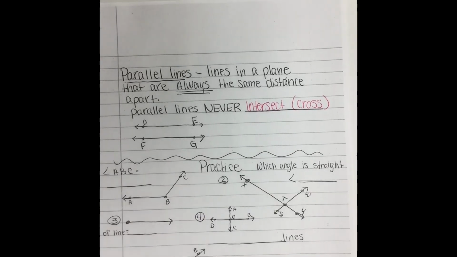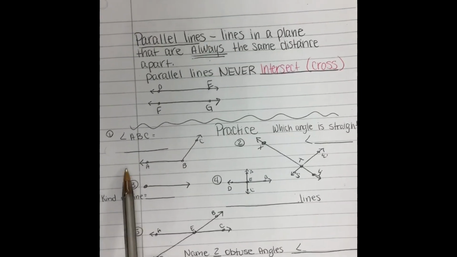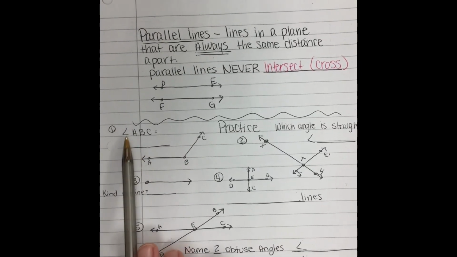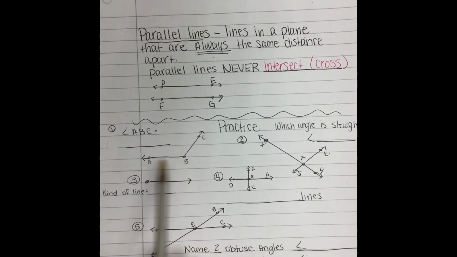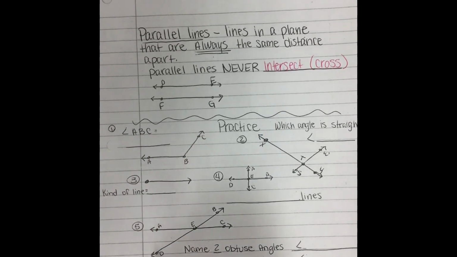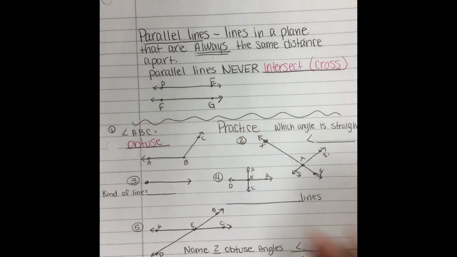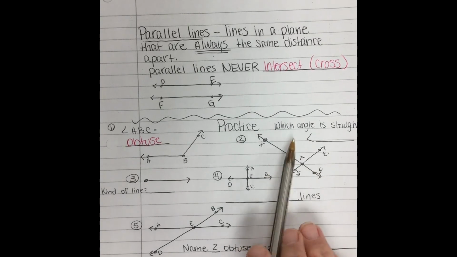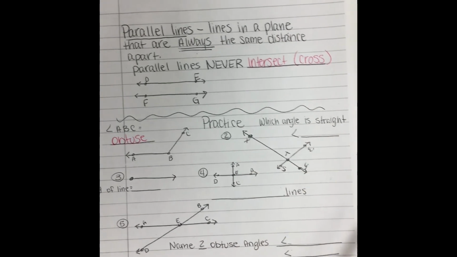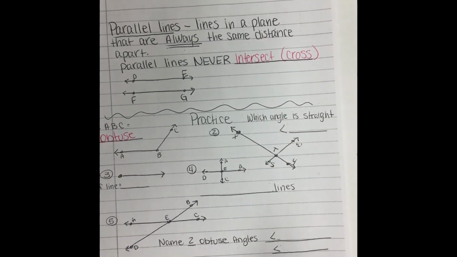All right, so let's do some practice problems. Number 1, what kind of angle is angle ABC? Okay, obtuse. All right, number 2, which angle is straight? There's several. There's 2. I just want you to name one.